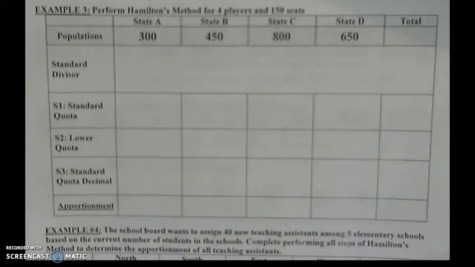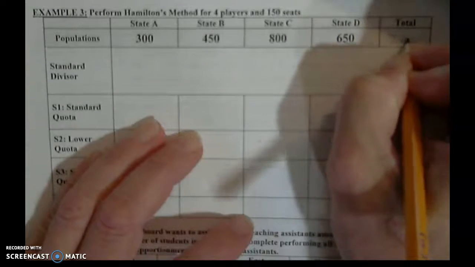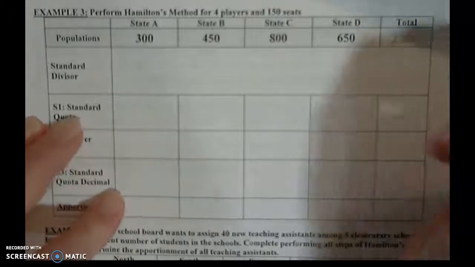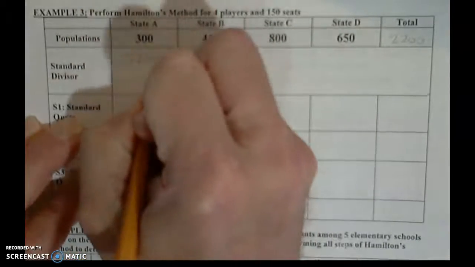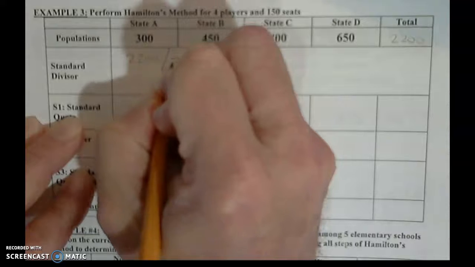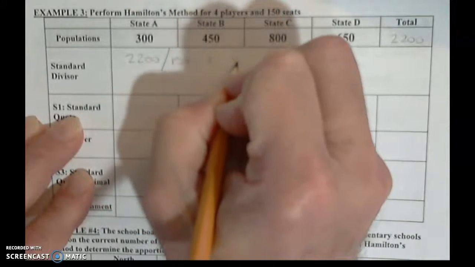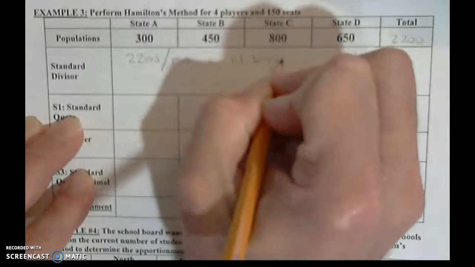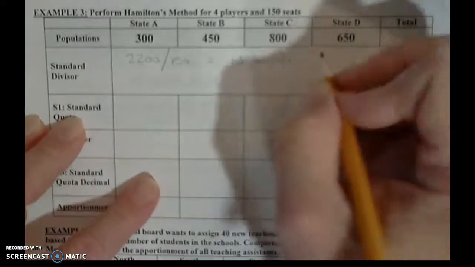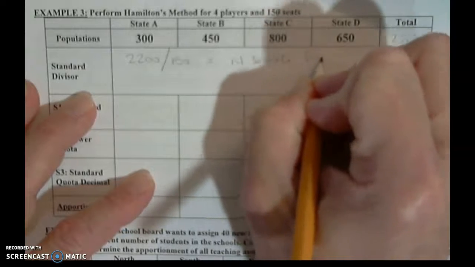All right, so you should be done, and you're just going to be checking yourself, but our total here was 2,200. So we need to find our standard divisor. So 2,200 out of 150 seats: 14.6 repeating people for one seat.